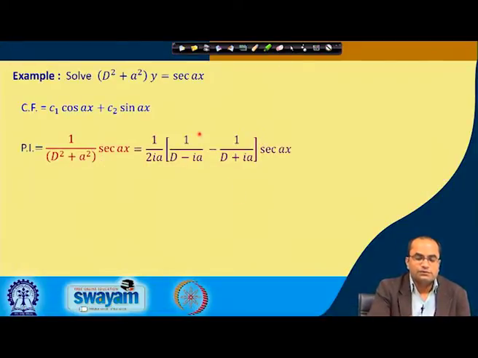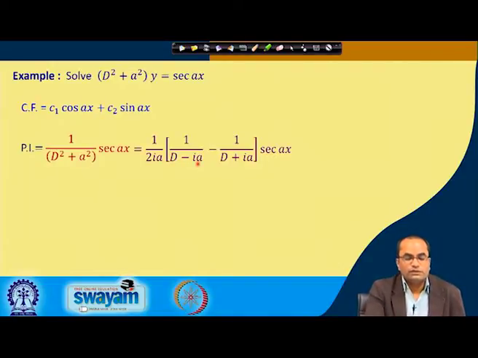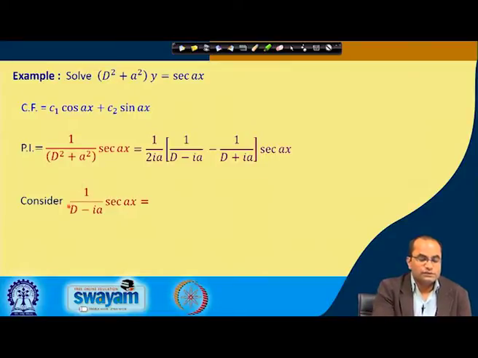The idea is, because we already know the formula for 1 over d minus ia, or 1 over d plus a constant, we now need to consider, for instance, the first one, 1 over d minus ia operated on sec ax.